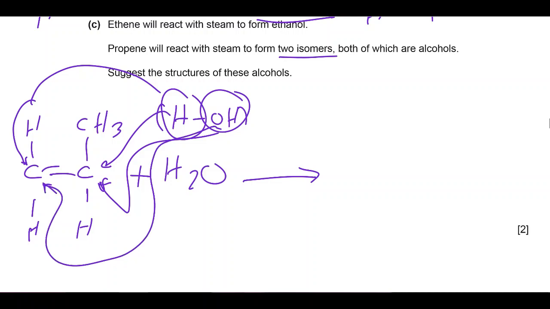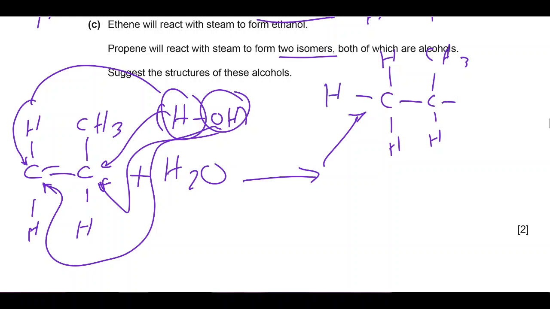So let's start with the first option. Here, CH3, H, we break the double bond. So the first option, we have added here the hydrogen and OH here.